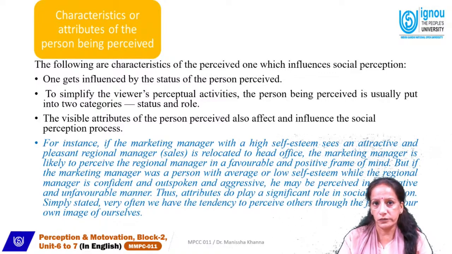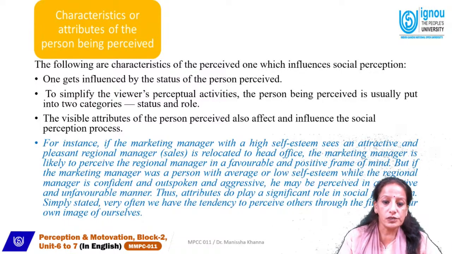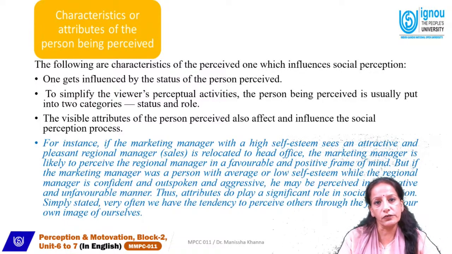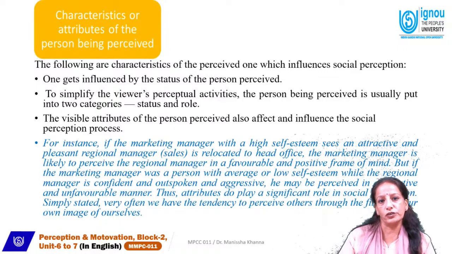But if the marketing manager was a person with average or low self-esteem, while the regional manager is confident, outspoken, and aggressive, he may perceive it in an unfavorable manner, as an unfavorable attribute of that particular person. So these attributes play a very significant role in social perception, and very often we have the tendency to perceive others through the filters of our own image of ourselves.